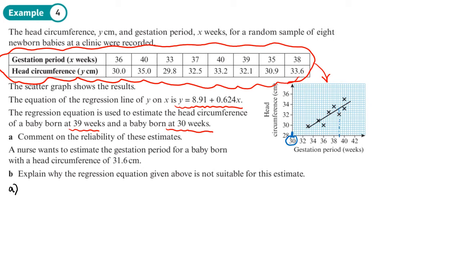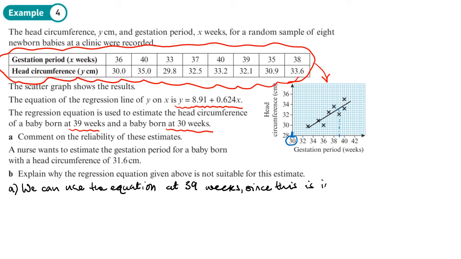Okay, so right, so I would say, yeah, we can estimate at 39 weeks. We can use the equation at 39 weeks, since this is in the range of the data collected.